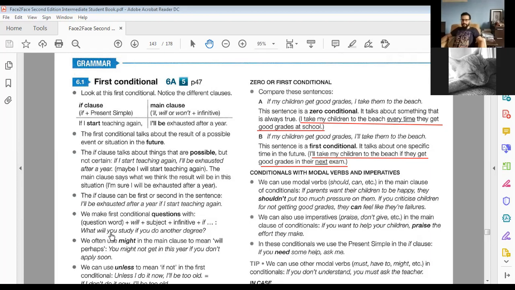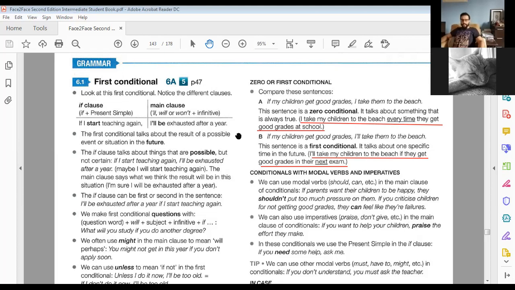So the zero conditional talks about all the exams. For every exam you get good grades, we will go to the beach. The other conditional talks about just one exam, the next exam.